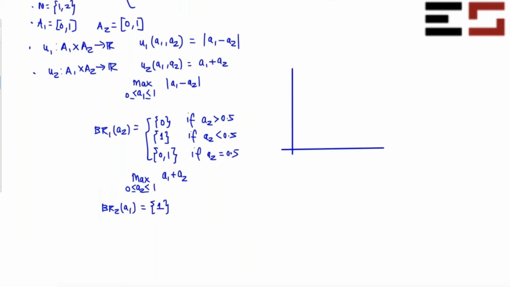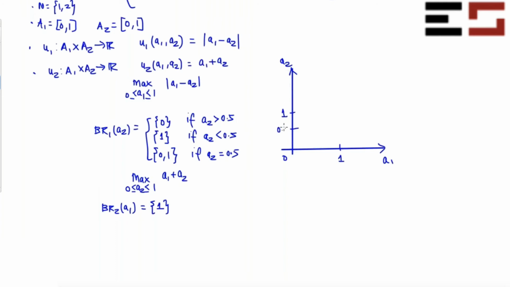So I'm going to plot the graph of BR1 and the graph of BR2. In this simple problem, this axis is 0 to 1, and this is also 0 to 1. Let's first plot BR1(a2).